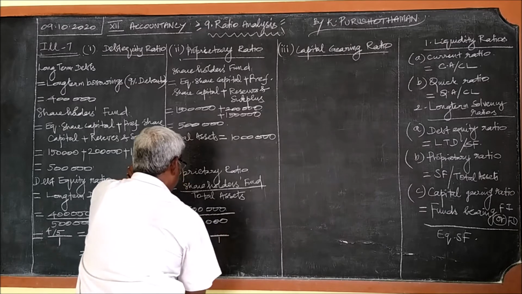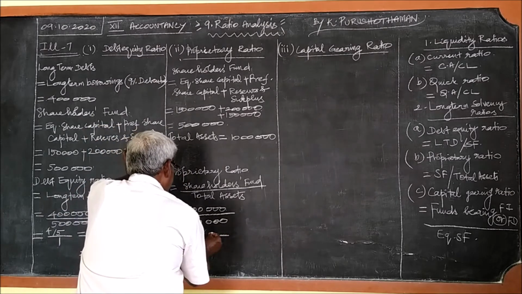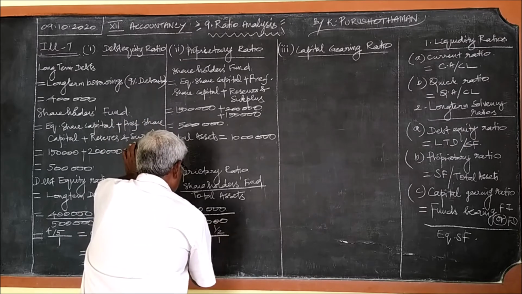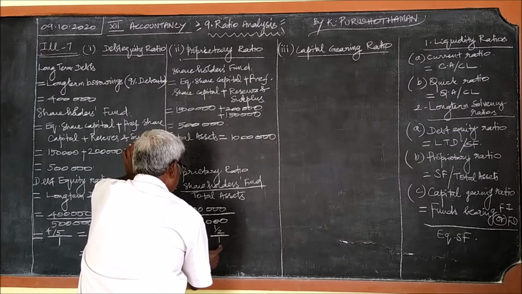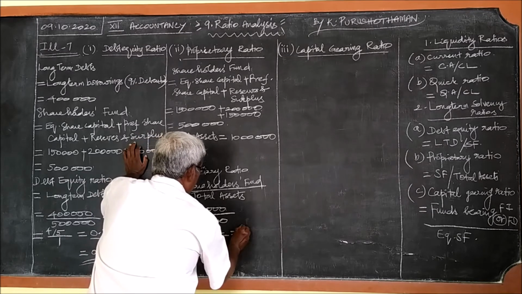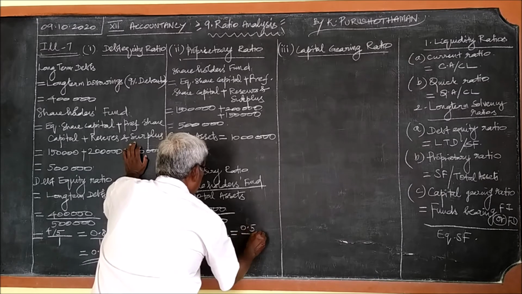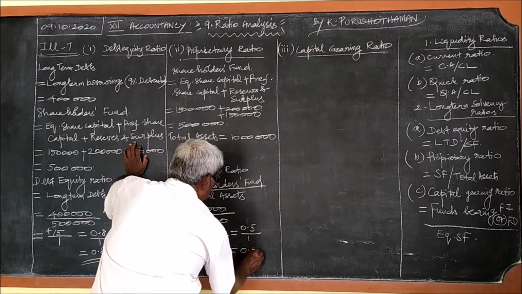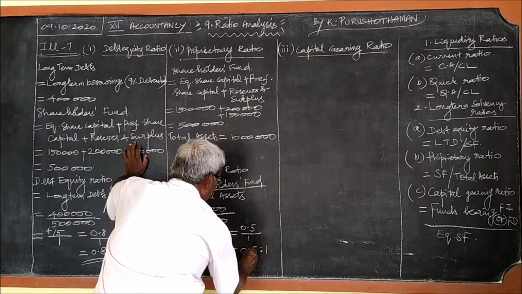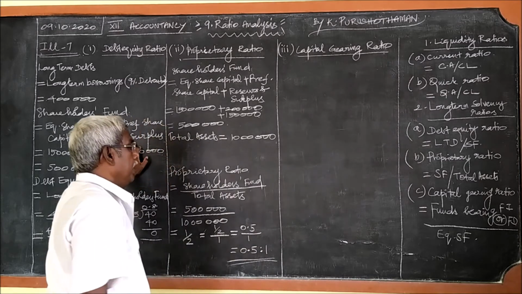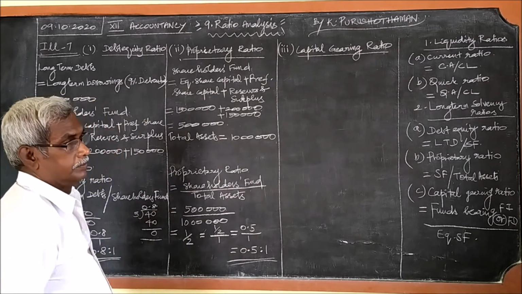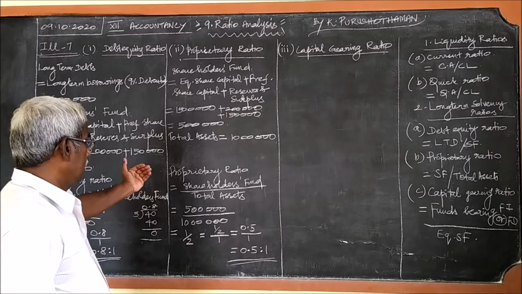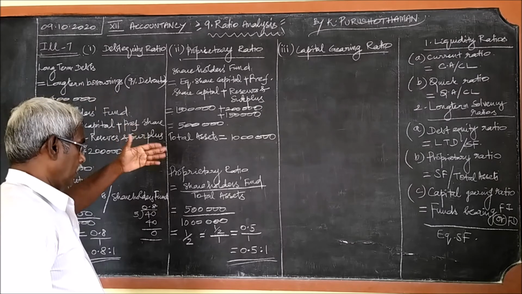You write this 1 by 2 in the numerator, and 1 in the denominator. 1 by 2 is nothing but 0.5, as I told you in the previous class, which is 0.5 is to 1. So the second ratio has been found out now.